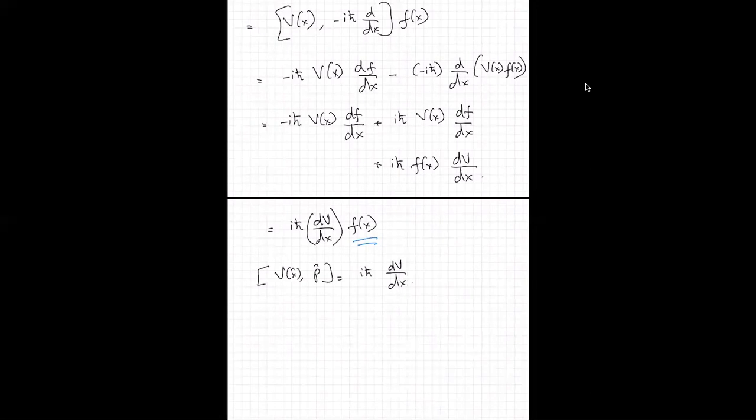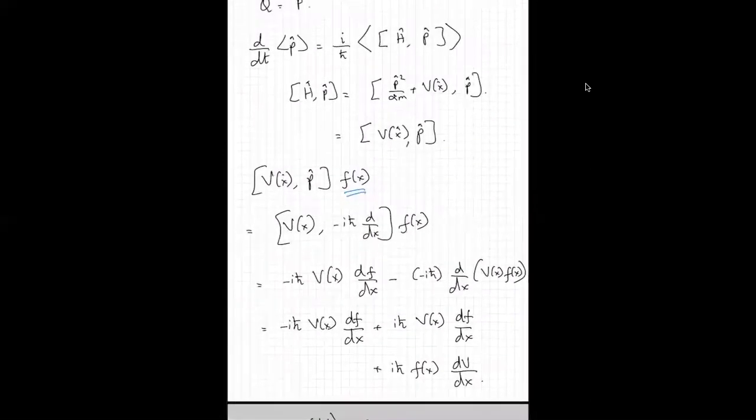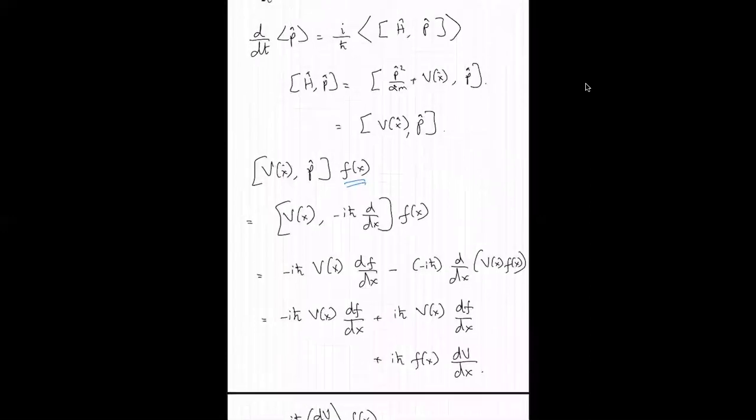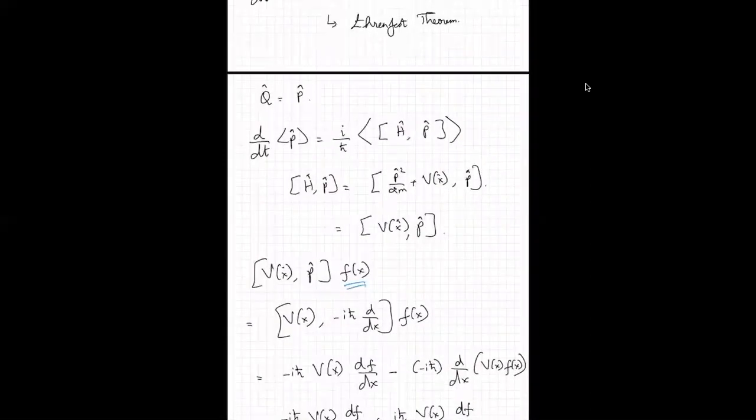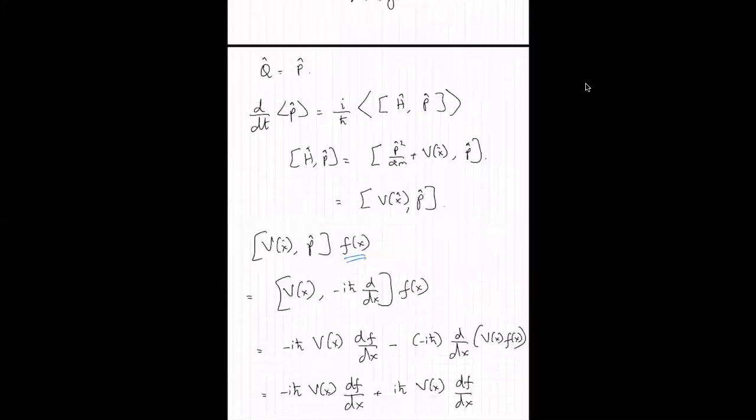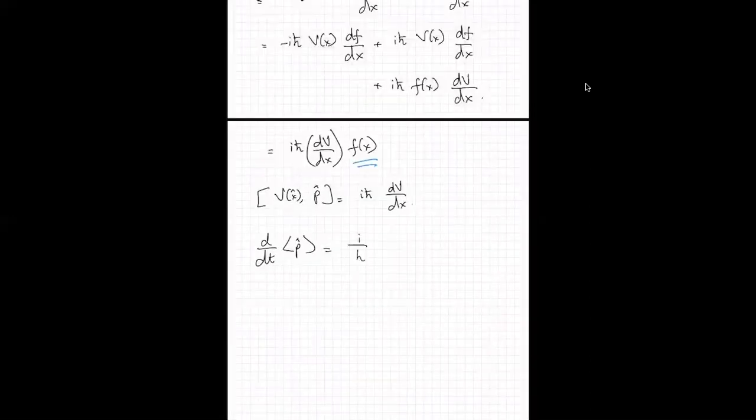So plug that into the Ehrenfest theorem. What do I get? d/dt of the expectation value of p equals i over h bar times the expectation value of i h bar dV/dx, which is equal to minus the expectation value of dV/dx.